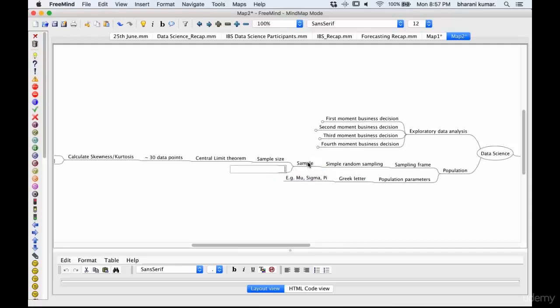But when you work on a sample and calculate the measures, you call it sample statistics. And sample statistics has normal representation such as x bar, s, s square, proportion p, and so on and so forth.